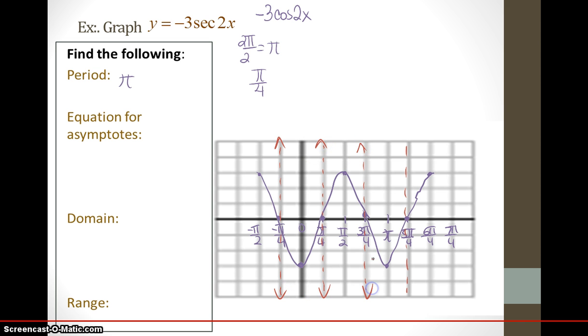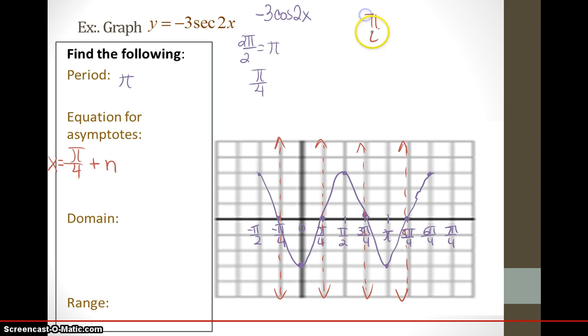And let's write the equation for them. The equation for our vertical asymptote, we said, is we're going to take the first positive asymptote, which is pi over 4. And remember, since this is our vertical asymptote, x is equal, right, because it's a vertical line. And then we need to have our n. And then we want to find the distance between the two vertical asymptotes.